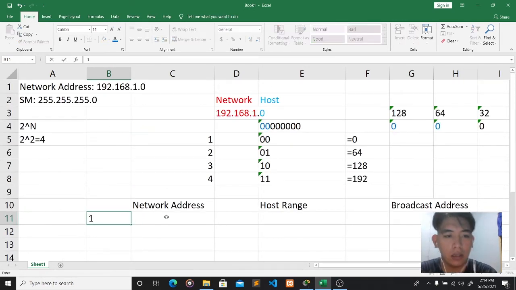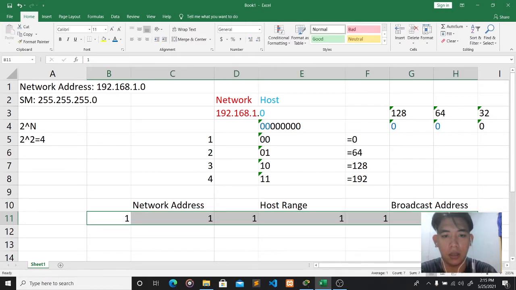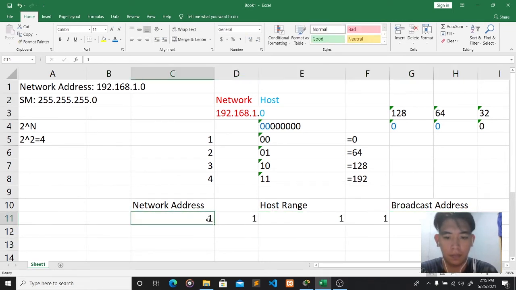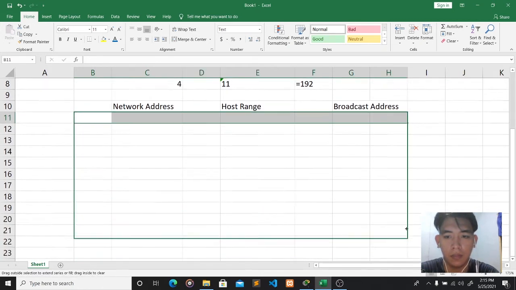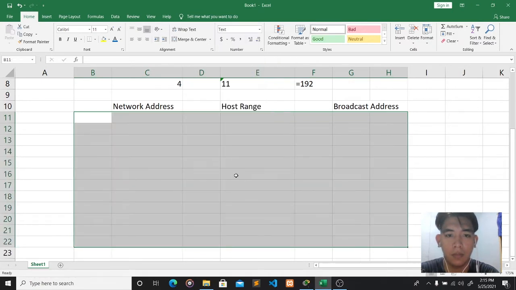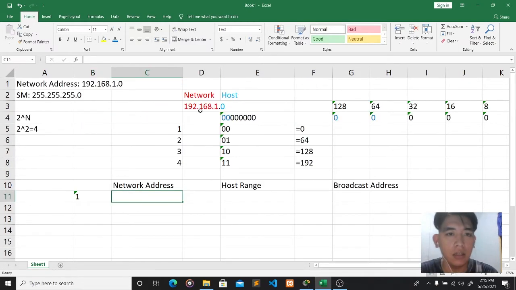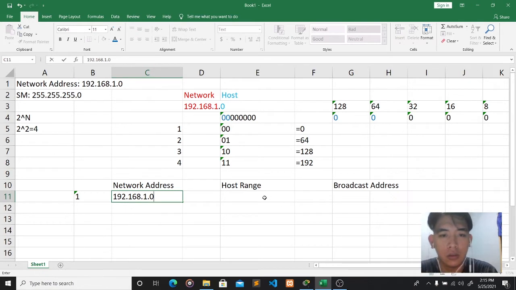So here we have the first network address, number 1. We drag down the network part, 192.168.1. What is number 1? It is 0, so our network address is 192.168.1.0. Next, number 2 is 192.168.1.64.